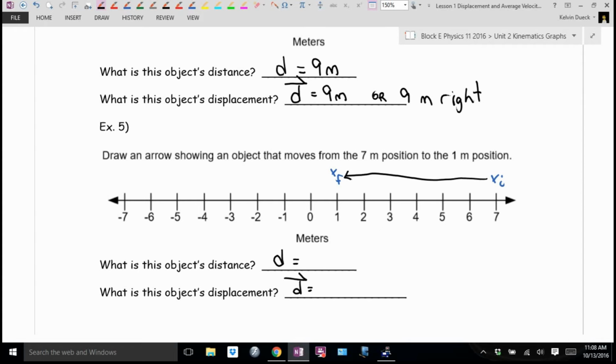I think I heard it right, but I disagree. -6 is not correct. 6 meters because distance is a scalar. It doesn't care about direction. How far did you travel? 6 meters. What's your displacement? What's your change in position? There. Get the very subtle difference? It's subtle, but it's there. By the way, remember I said you could also find that by going final minus initial? Final minus initial. Does that also give you the -6? Yes, it does. Works.